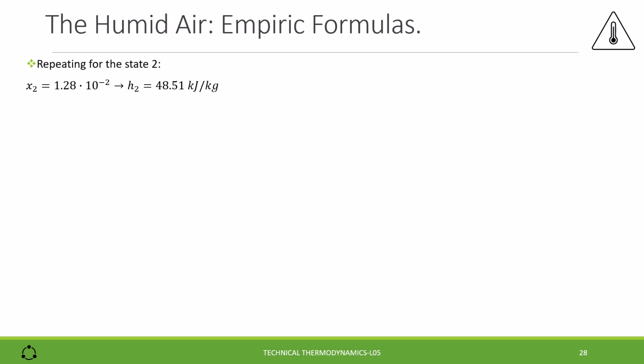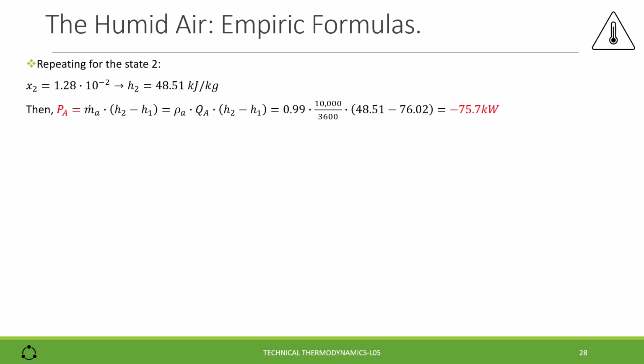To answer the first question, that is the power needed to cool the mixture, we need to multiply the mass flow and the differential enthalpy, while the mass flow is the product of the density and the volumetric flow. We have all the data, and the result is negative 75.7 kilowatt.